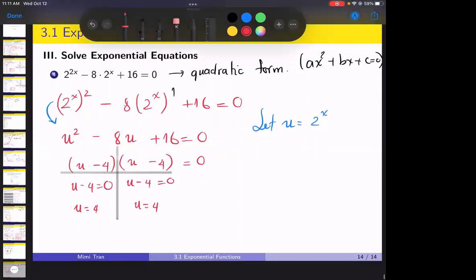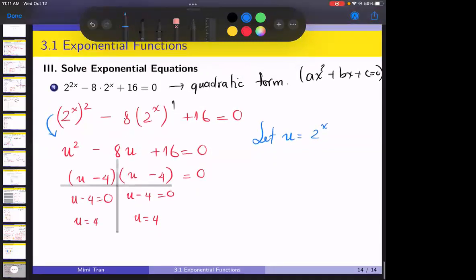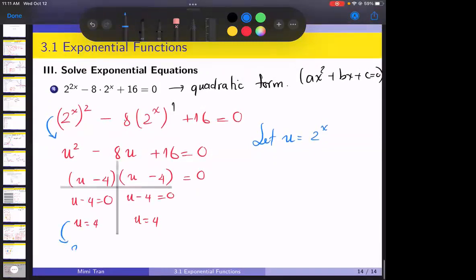Right. Now we're gonna substitute u back. So instead of u, we're gonna write what? See, you come back to it. It's not like you leave this hanging. Now we substitute back and then solve. We can solve for x. x equals 2.